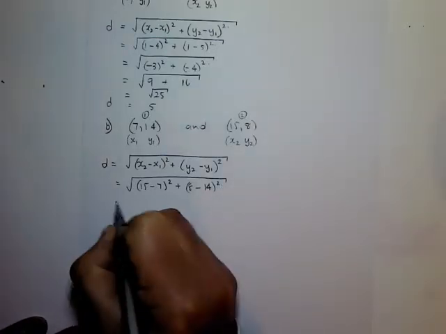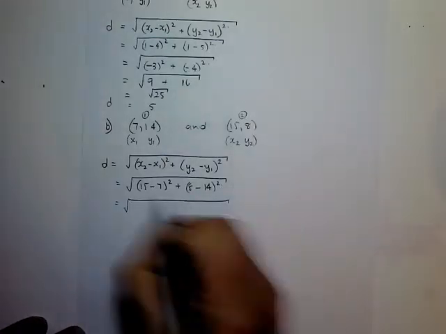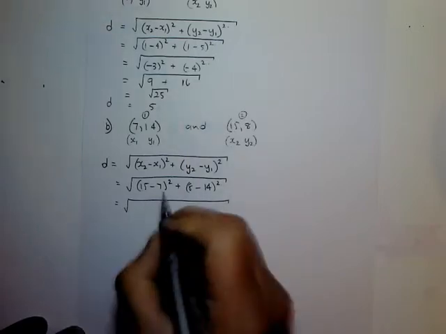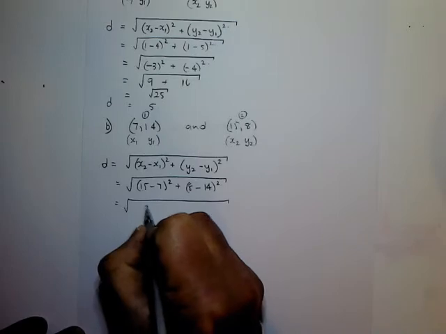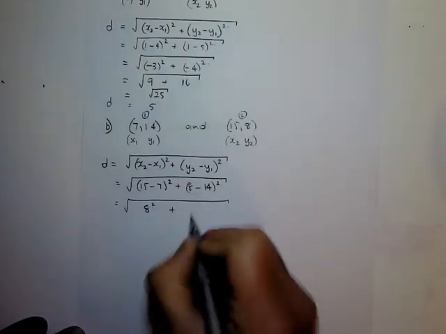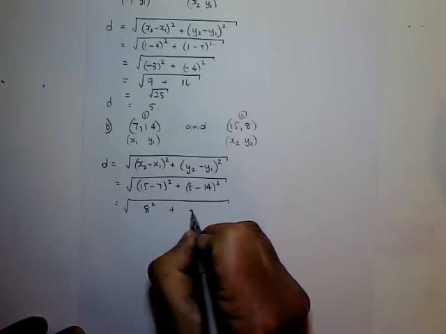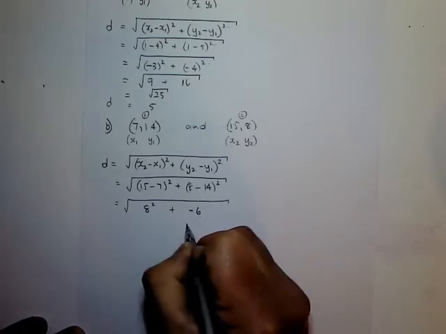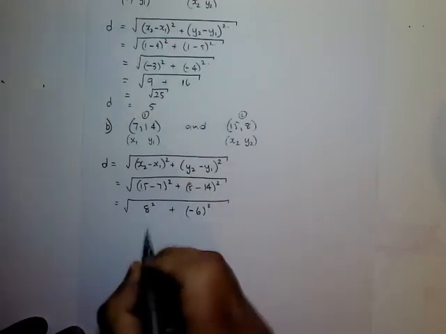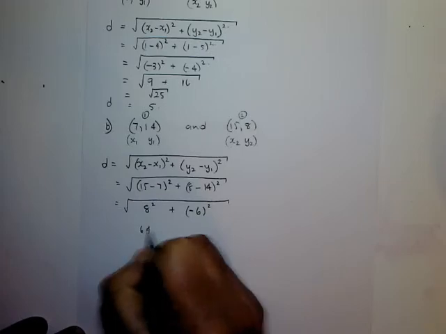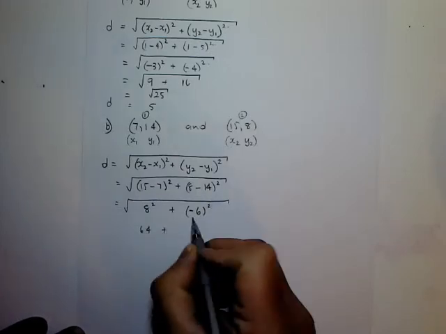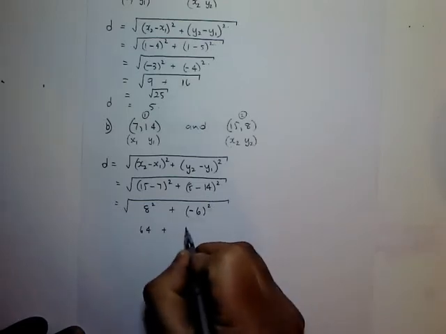So 15 minus 7 is 8, plus 8 minus 14 is minus 6, all squared. 8 squared is 64, plus minus 6 squared, which is minus 6 times minus 6, which is 36.